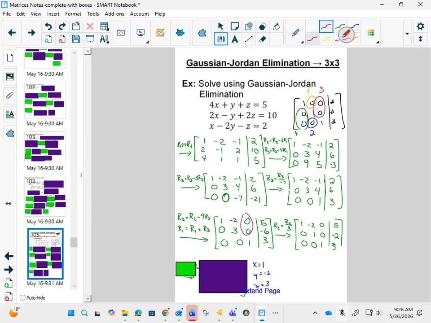Now finally, the last step, I want to make that one into a 0. You're going to have to use row 2, which is kind of obvious. You can't use row 3 at all. I'll change row 1 to be row 1 plus 2 row 2s.